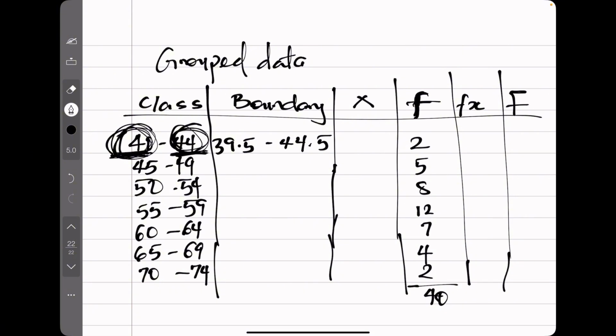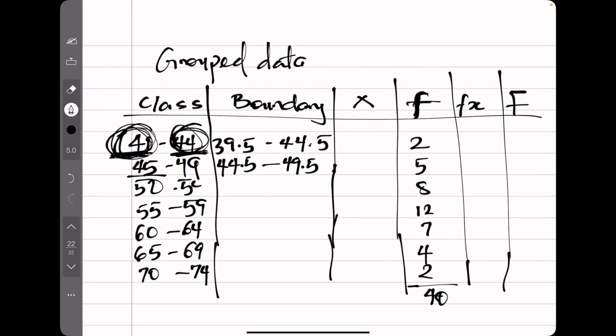For the class boundary, you do the same thing for the next row. The lower class limit here is 45, so you subtract 0.5 to get 44.5, and add 0.5 to 49 to get 49.5.